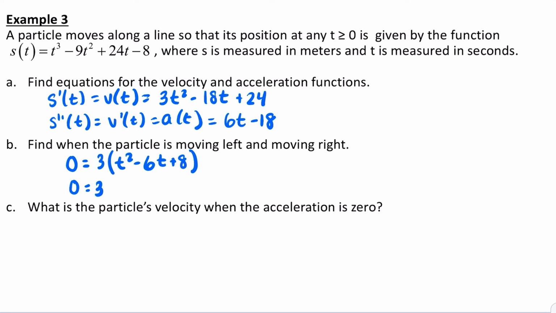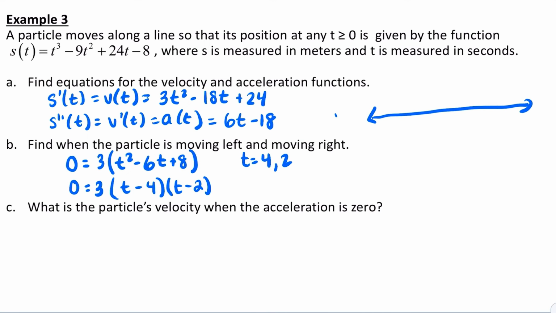Then we're going to go through and factor, and I'm going to factor correctly. Okay, so then I have now t equals 4 and t equals 2. So I set my velocity equal to 0. That's where I'm stopped. And then those become what we call critical points.